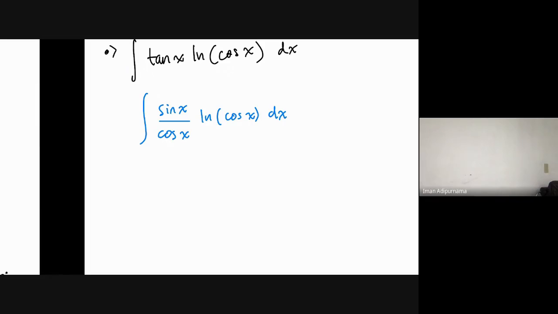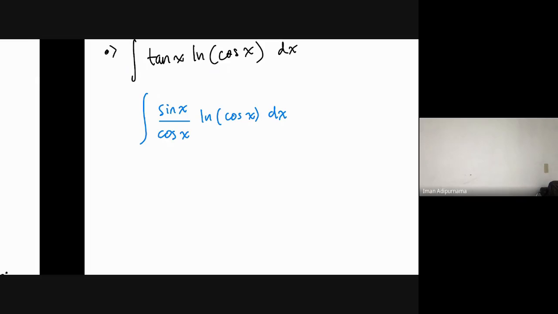If this is sine over cosine, and this is ln cosine, remember when you differentiate the tangent x directly, you will get secant squared, and secant squared will not get you anywhere, right?